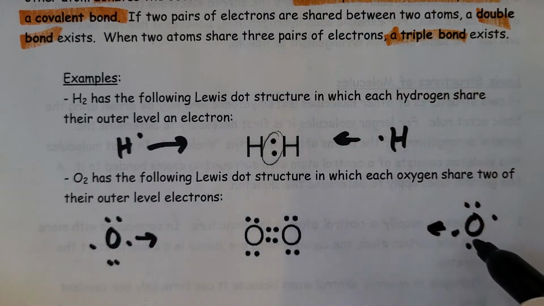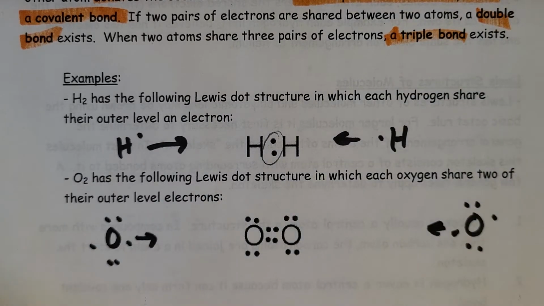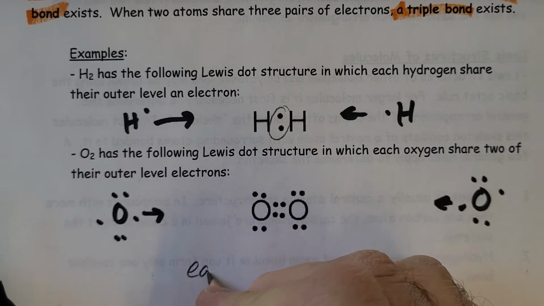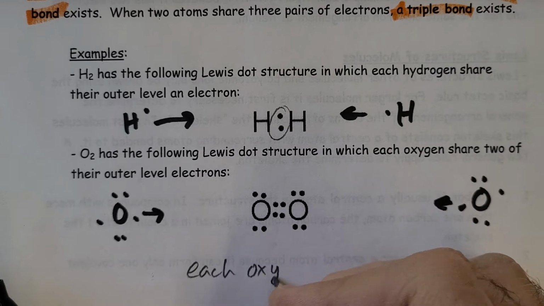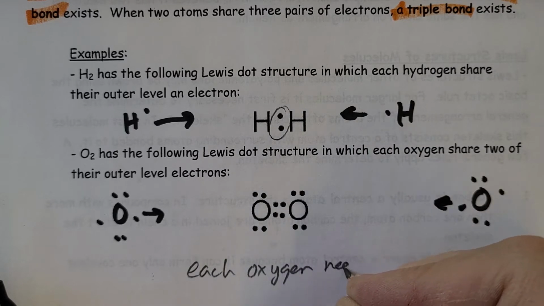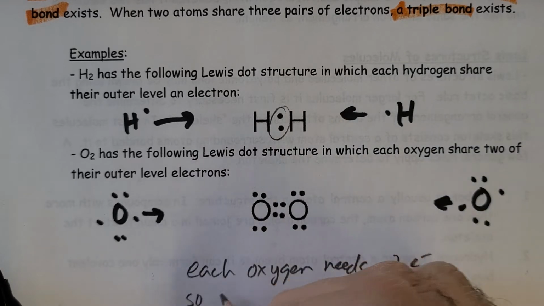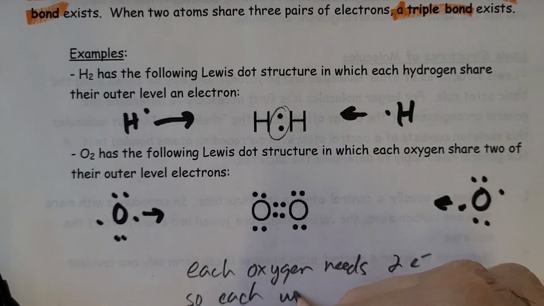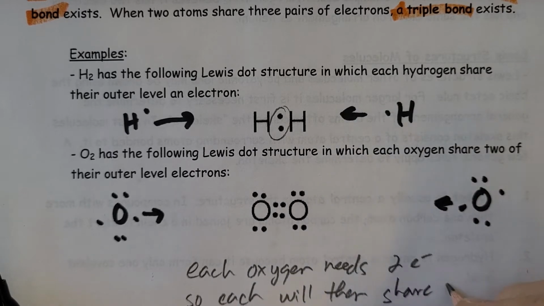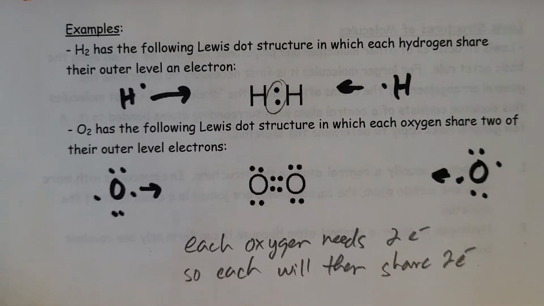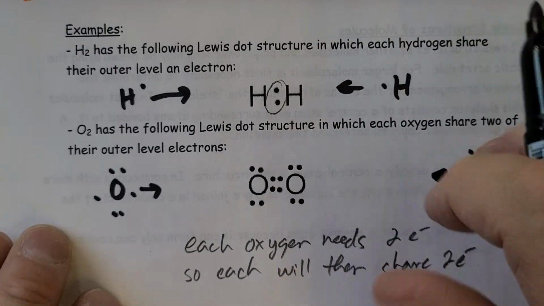Each oxygen needs 2 electrons, so each will share 2 electrons. So it's like I need 2, so I need to share 2 to get 2.